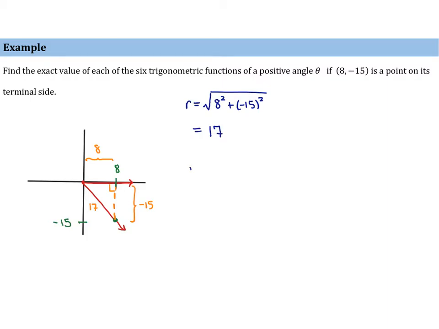So sine of theta equals b over r. So negative 15 over 17 will be negative 15 17ths, which does feel like, if I look at my angle, or something like my angle here, this is obviously not theta.